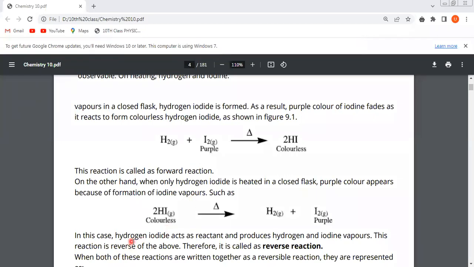In this case, hydrogen iodide acts as the reactant and produces hydrogen and iodine vapors. This reaction is the reverse of the above. Therefore, it is called a reverse reaction.